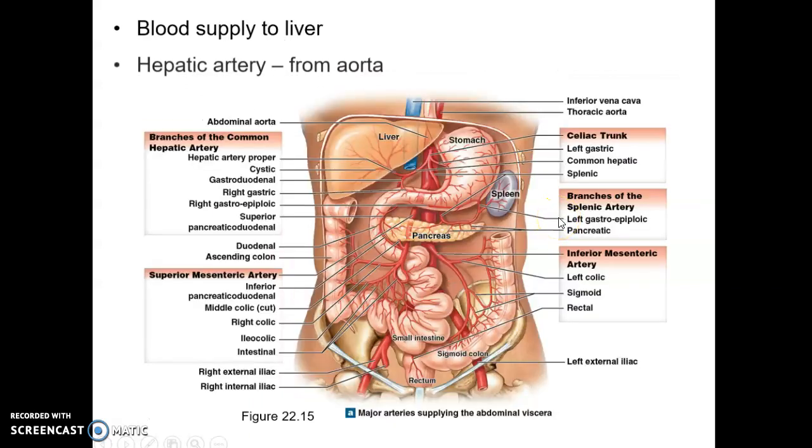So the blood supply to the liver. Here's the liver, and its main blood supply is via the hepatic artery. Here it's called the common hepatic, right, off of the abdominal aorta. So it's supplying nutrients and oxygen to the cells of the liver, the hepatocytes.